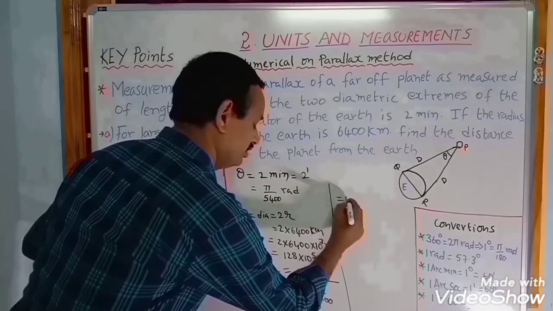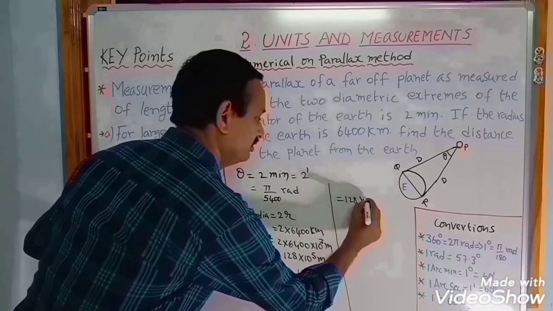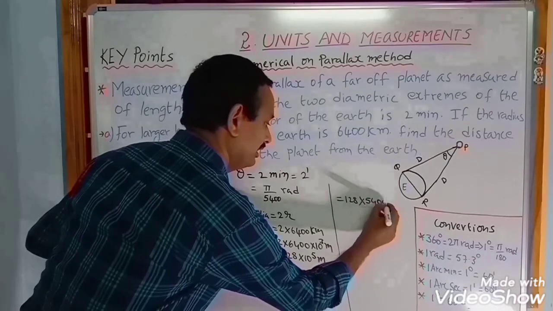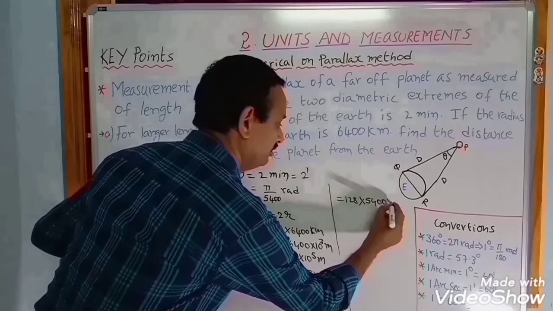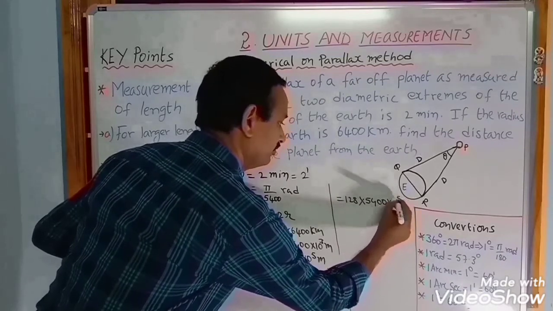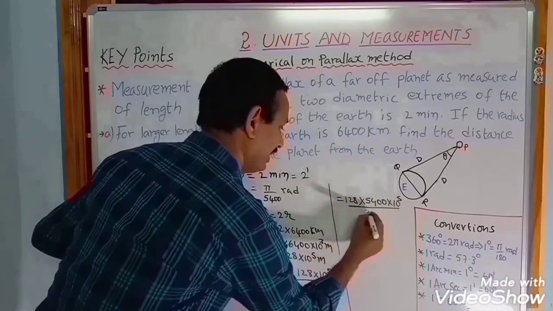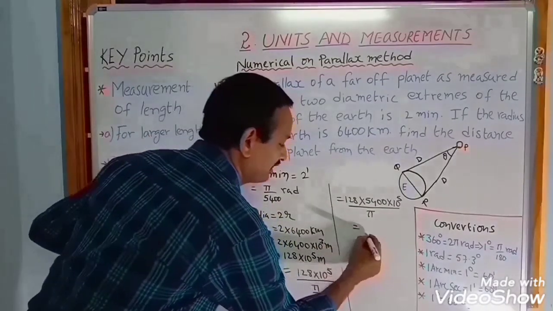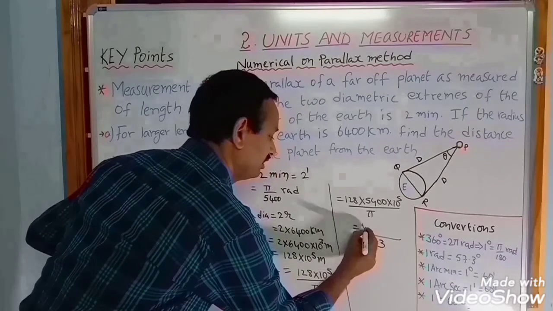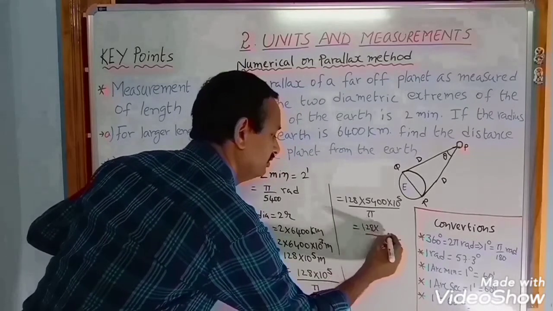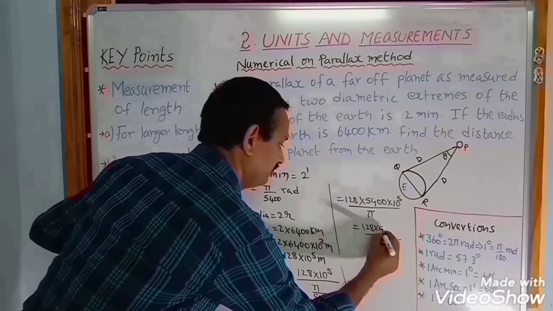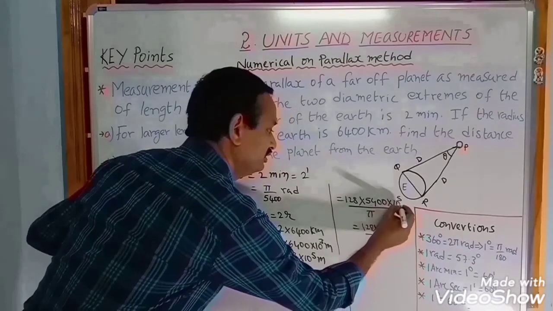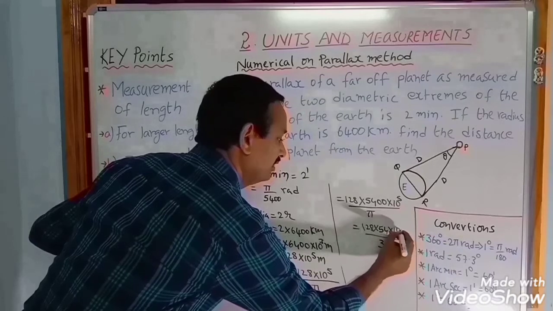We will get 128 into 5400 into 10 power 5 by pi. Pi I can write 3.14, so I will write approximately 3. So 128 into 54, I will write these 2 zeros with 10 power 5, so 10 power 7.